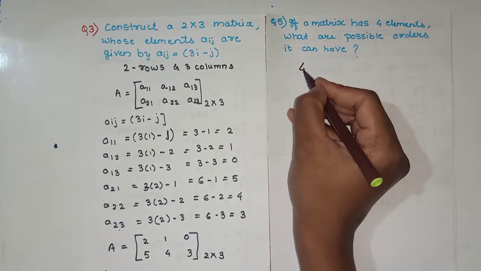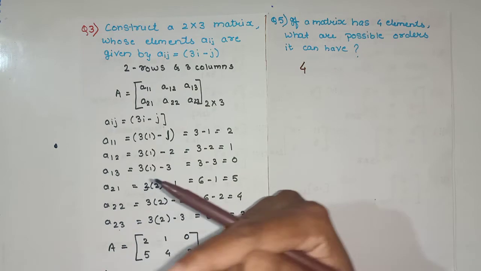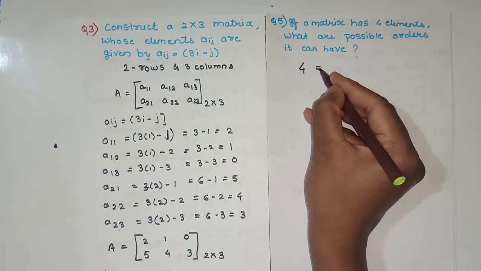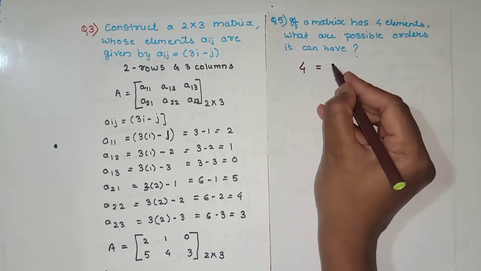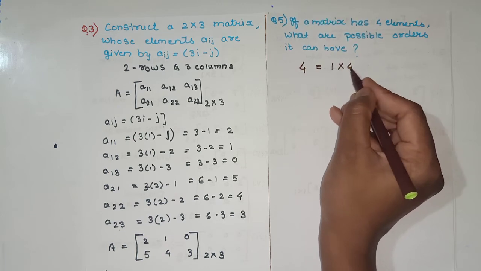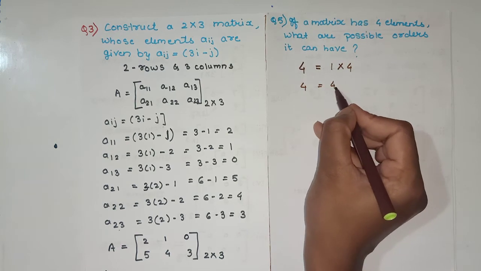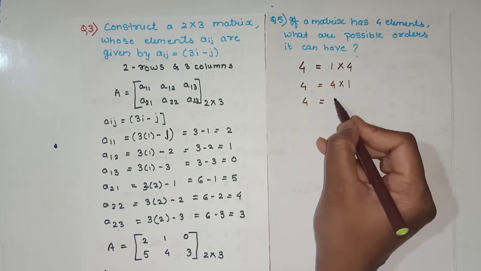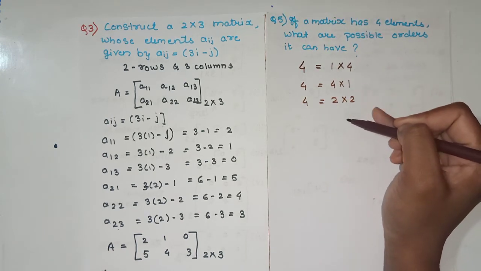What orders it can have means the product of the number of rows and the number of columns should come to 4. In which ways can it come? The order of the matrix can be 1 by 4, then also it is 4. It can be 4 by 1, or it can be 2 by 2.